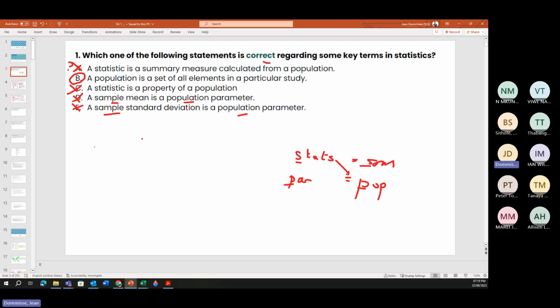So a population is a set of all elements of a particular study. That one is definitely the correct one. The other ones, you can see, the S with the S, the P with the P, that is not happening. So the statistic is not a summary measure of a population. Okay.